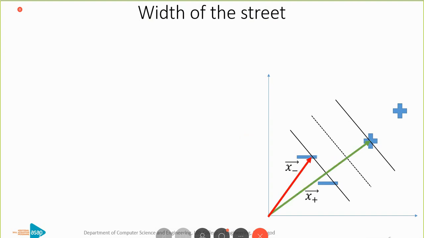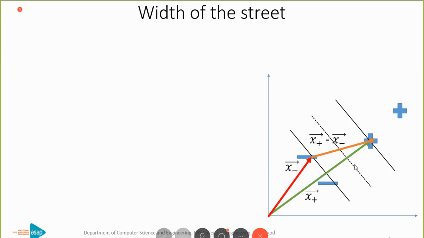So now you have two vectors, one to the positive sample and the other to the negative sample. Now let's take the difference of these two vectors, the positive vector and the negative vector. So you will be getting a vector like this: x plus minus x minus. This is the difference between these two vectors.